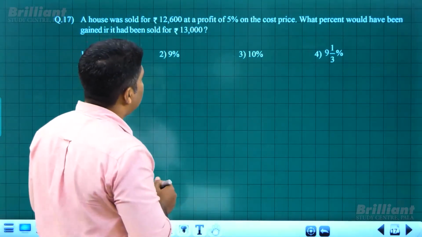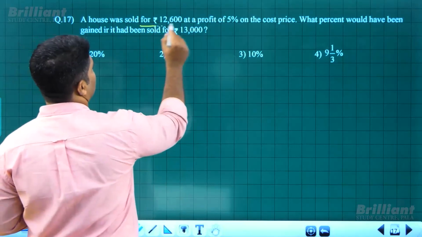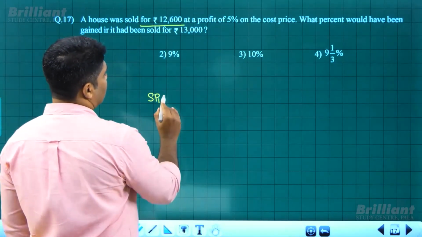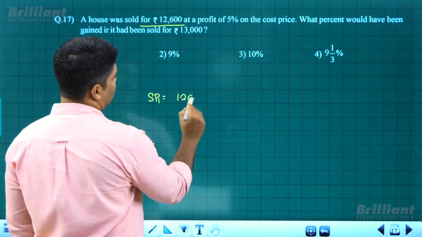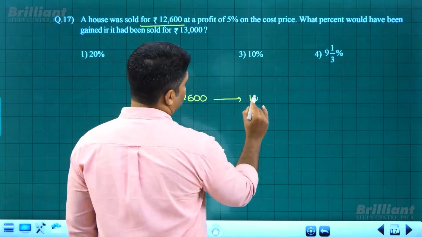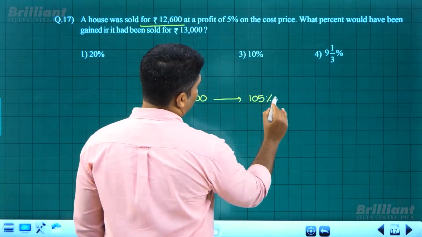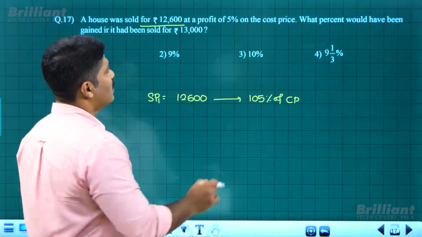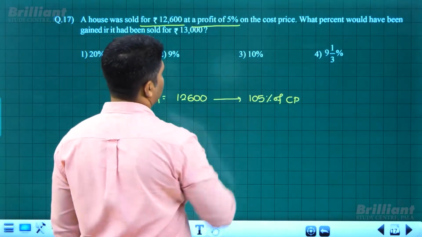Here we have to consider this as one selling price. So selling price 1 is 12,600, which is actually 105% of the actual cost price. Why are we writing like this? Because it made a profit of 5%.